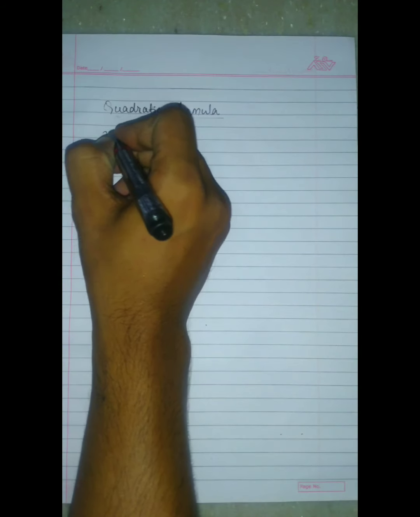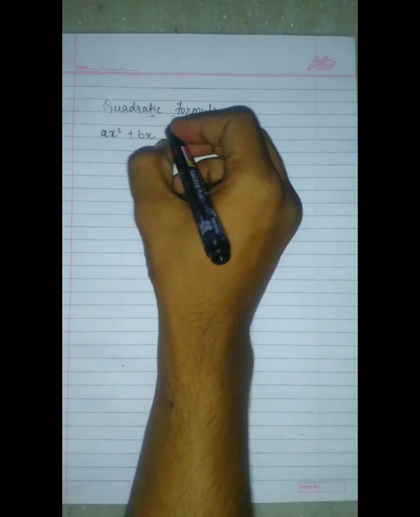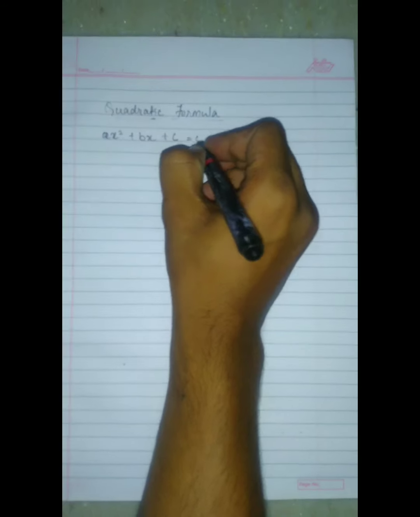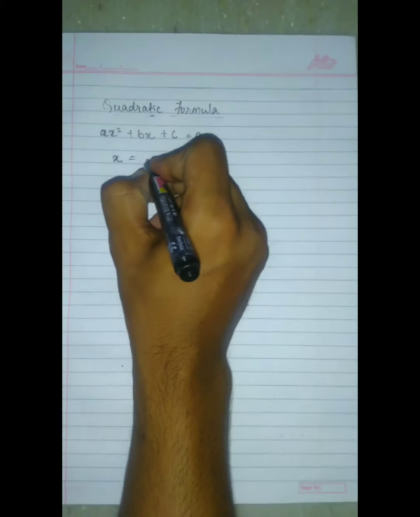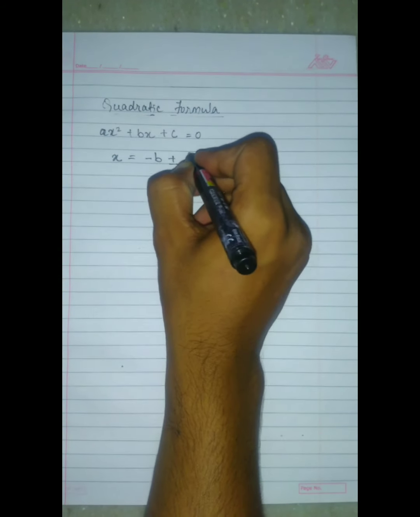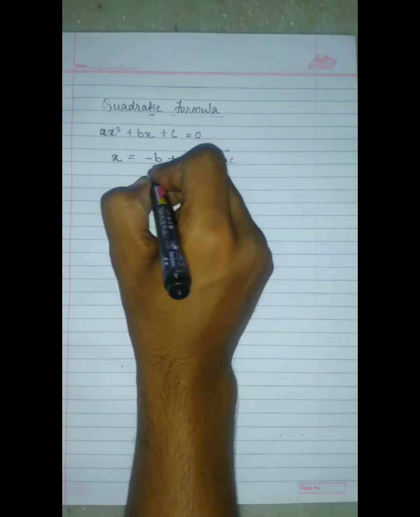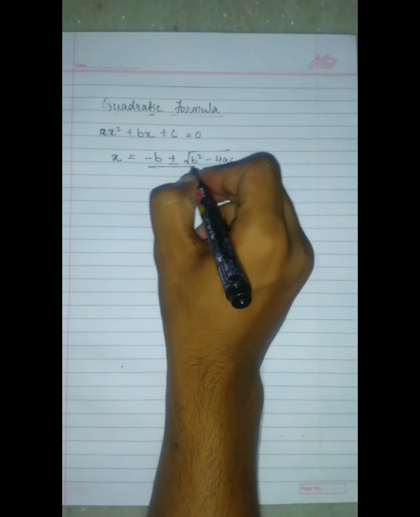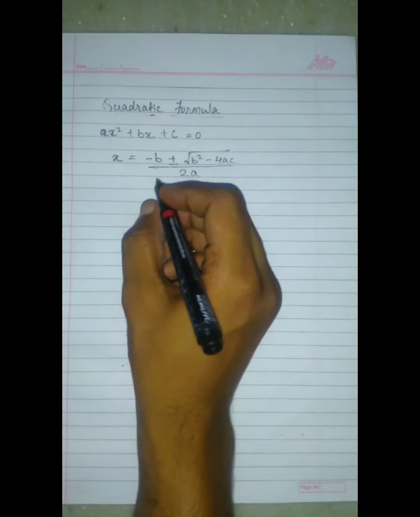If ax square plus bx plus c is equal to 0 is the given quadratic equation, then its root will be given by x equal to minus b plus minus under root of b square minus 4ac upon 2a.